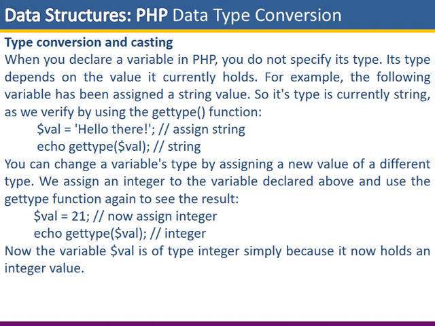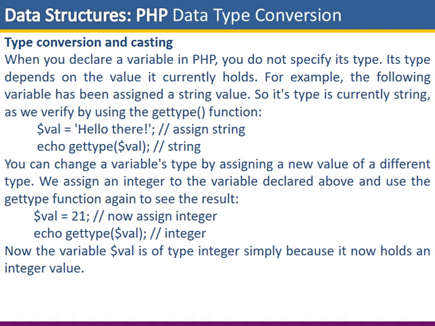In the example code, we assign the integer value 21 to $val, so it is now an integer. Echo getType($val) gives us integer.